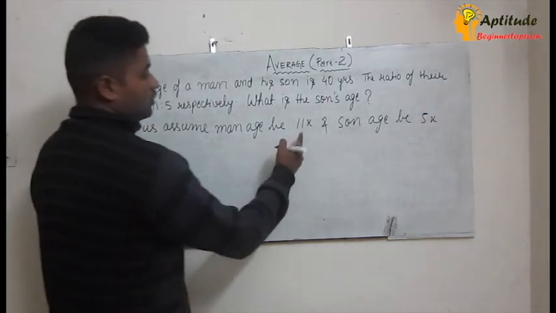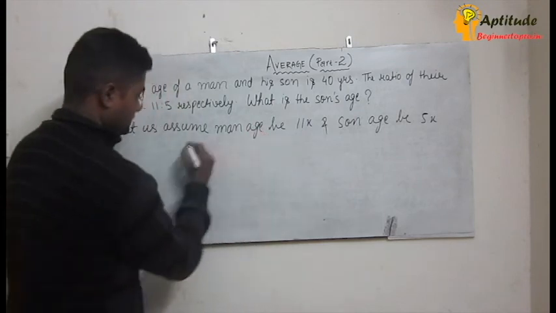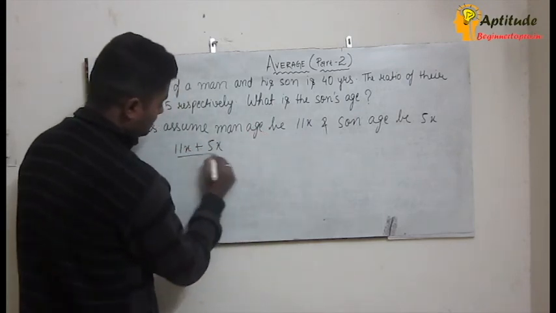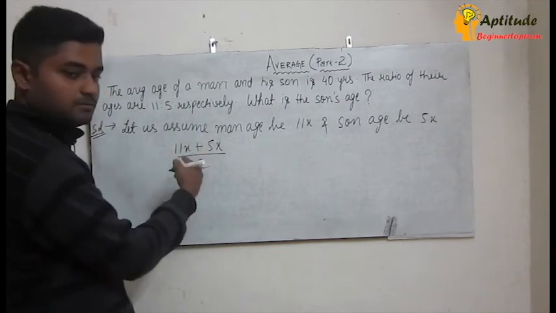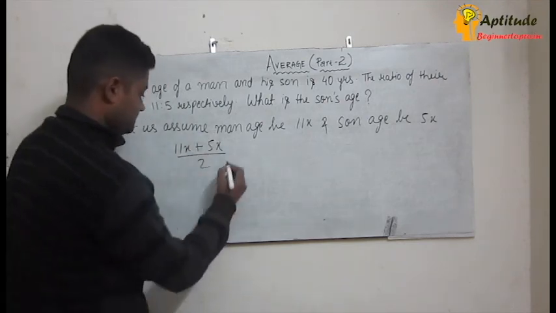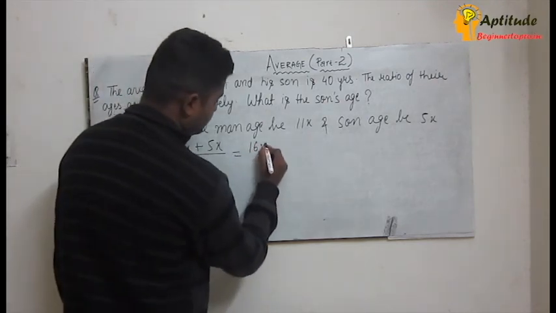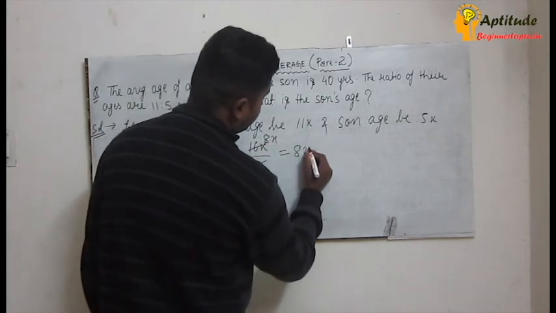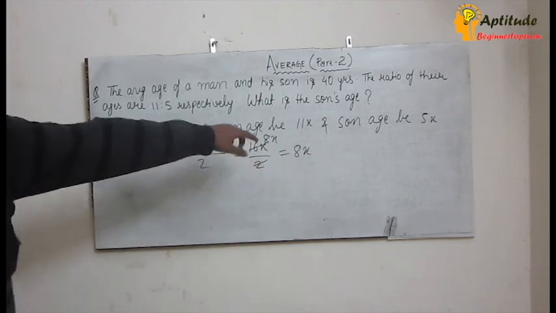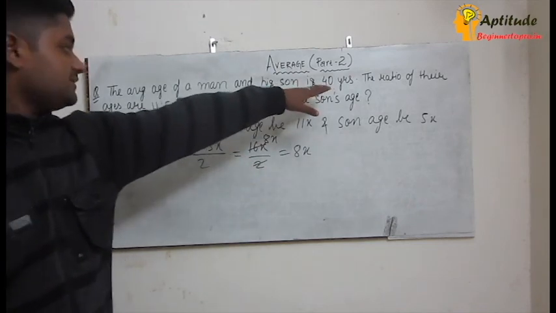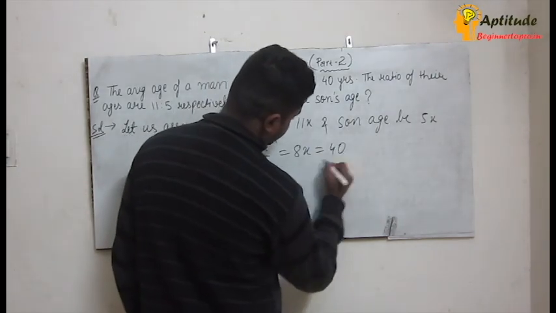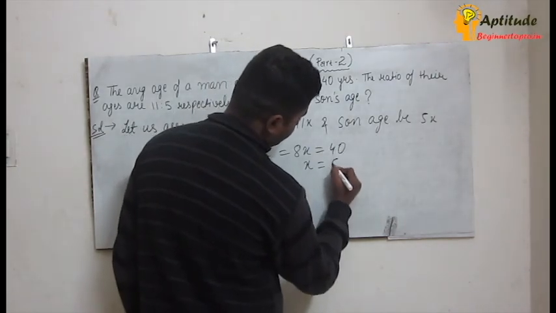Now what will the average be? See, the average age will be (11x plus 5x) upon 2, sum of observations by number of observations. This is nothing but 16x by 2, which is 8x. Now in the question the average is already given, which is 40 years. So we can write 8x equals 40, which is x equals 5.